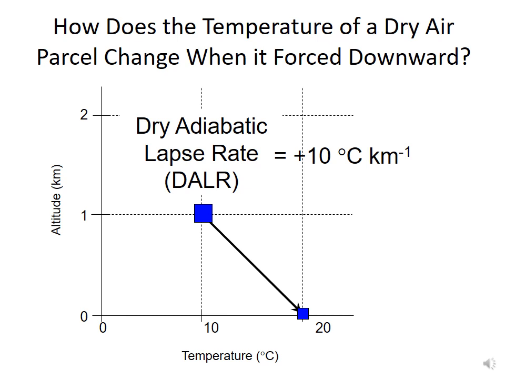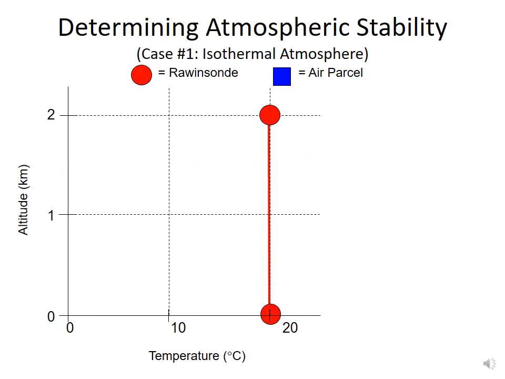So, since the only thing we need to know to determine the stability of the atmosphere is the environmental lapse rate, let's look at how we measure the environmental lapse rate and the impact that it has on stability. So to measure the atmospheric lapse rate, we need to launch a Rawinsonde balloon.